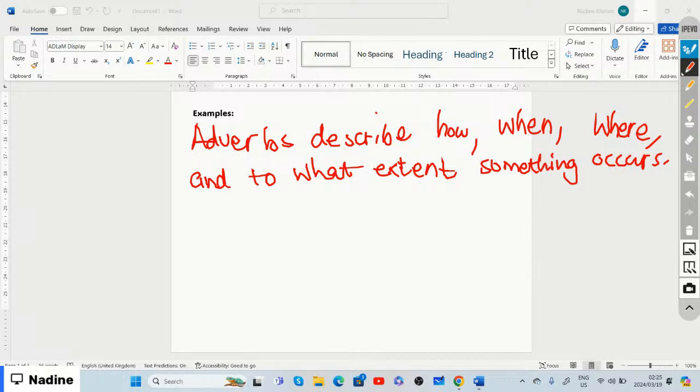That is but a few examples of words that are adverbs of manner that tell us how. All right.